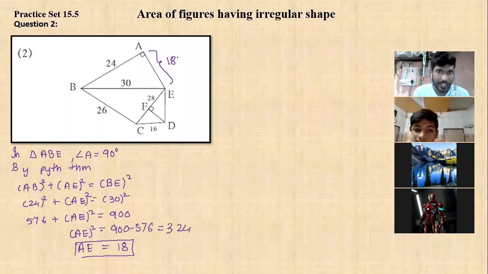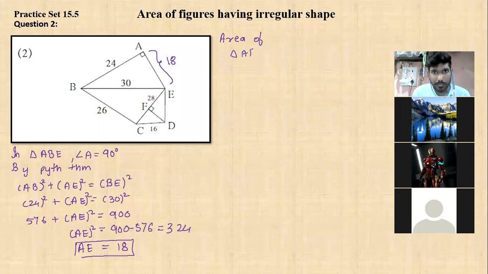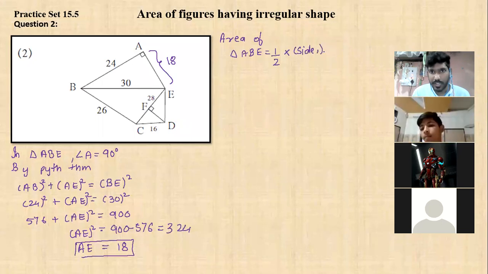Now we can find out the area of triangle ABE. Since it is a right angle triangle, the formula is half into side 1 into side 2. So we know the length of the sides.